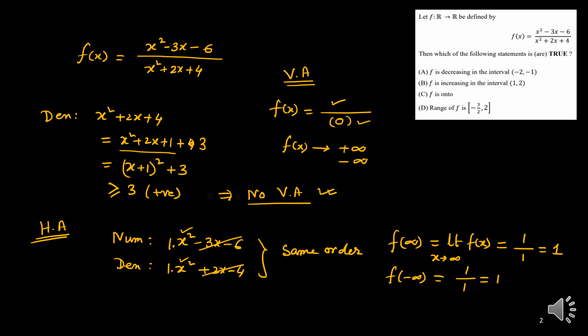In other words, the function is approaching, if this is the x axis and this is the plot of f of x, we are sure that towards minus infinity the function value is 1, and towards positive infinity the function is also towards 1, this value is 1. So these are the horizontal asymptotes we have got, and in between the function can rise or fall.